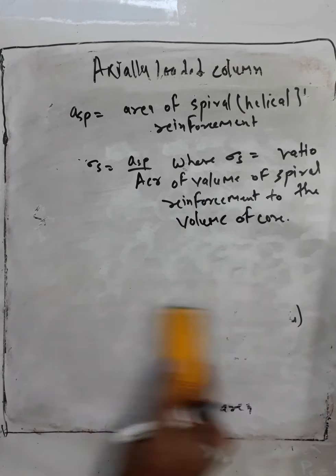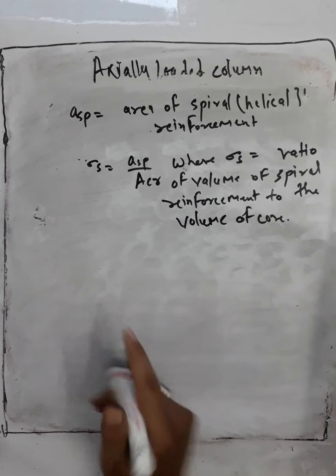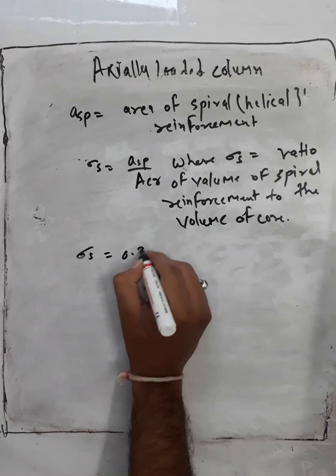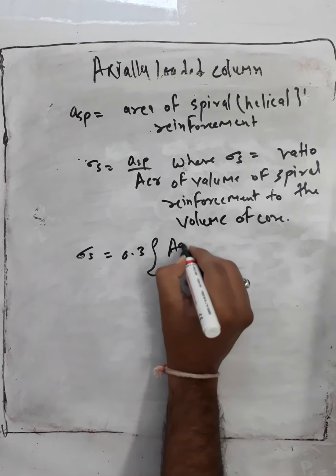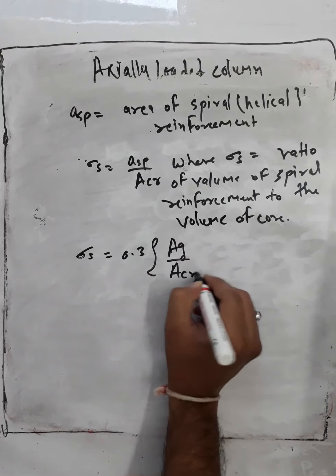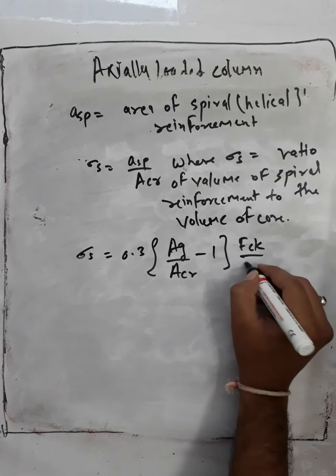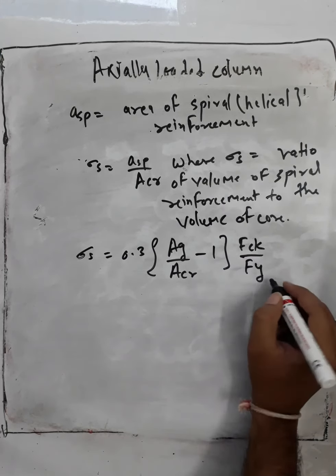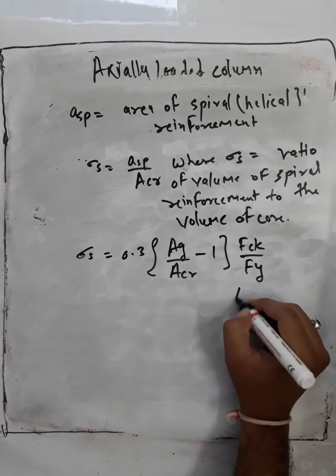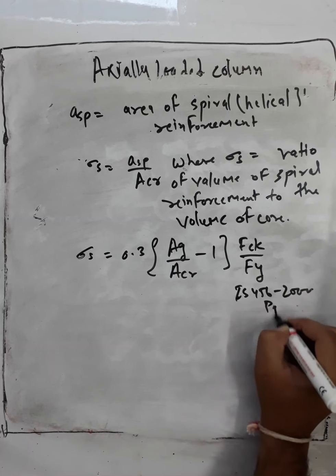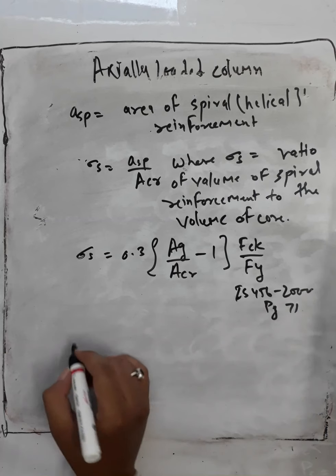Now we say sigma S is greater than or equal to 0.36 (AG upon ACR minus 1) FCK upon FY as per IS 456 2000, page number 71.